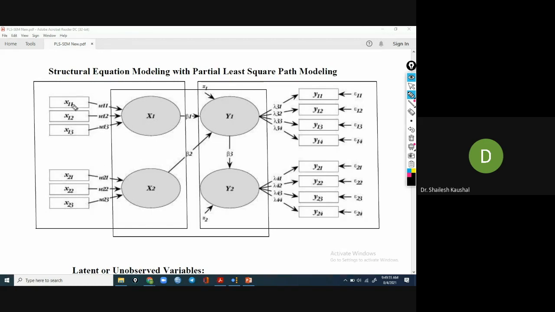These are the independent variables, and there is an arrow from the rectangle to the oval shape. The oval shape you can see here. But here the other is the endogenous variable.